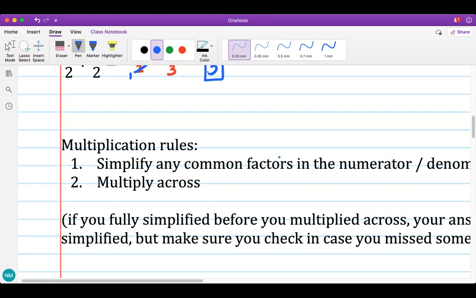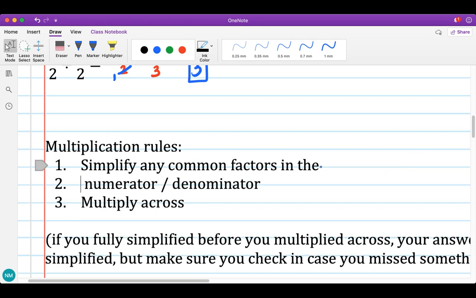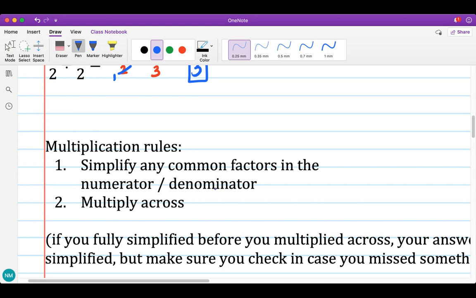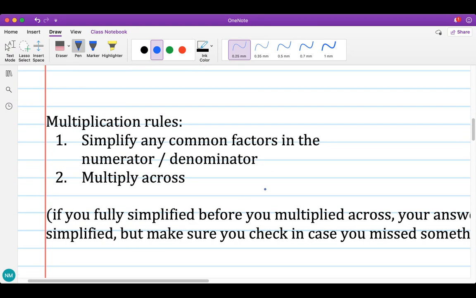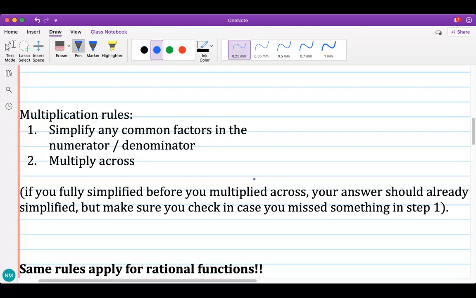Okay, so let's list out the rules, because I think it's important to identify. Rule 1 is to simplify any common factors in the numerator and the denominator, and then multiply across. If you fully simplified before you multiplied across, your answer should already be simplified, but make sure you check in case you missed a step.